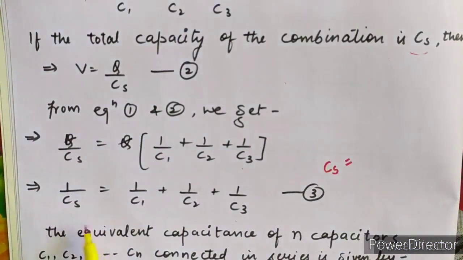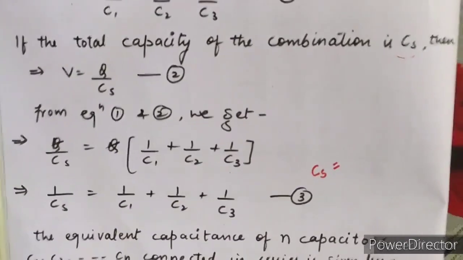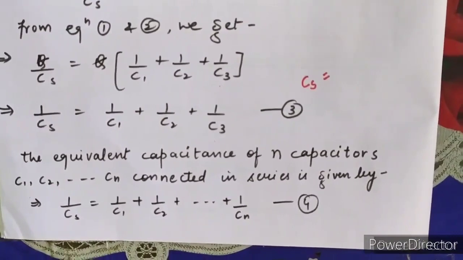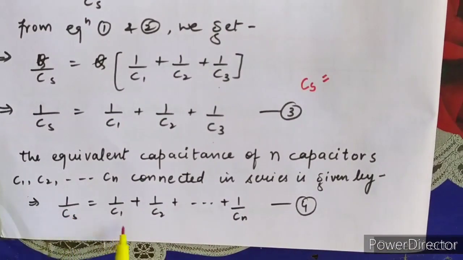Now here in this combination, we are taking only 3 capacitors. Okay, and if the equivalent capacitance of n capacitors C1, C2, and so on up to Cn is connected in series, then how can we evaluate the equivalent capacitance? Simply by putting the values up to n. So 1 upon Cs is equal to 1 upon C1 plus 1 upon C2 plus so on up to 1 upon Cn.